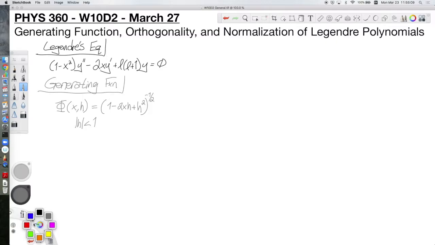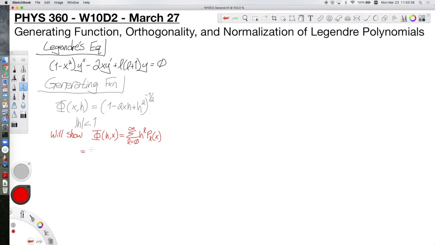And this generating function will have a few uses that we'll get to as we move through this video, but one of the first things we're going to do is show that this generating function, phi in terms of h and x, can be written as a linear combination of Legendre polynomials, meaning we can write this as a sum from L equals 0 to infinity of h to the L times PL of x.